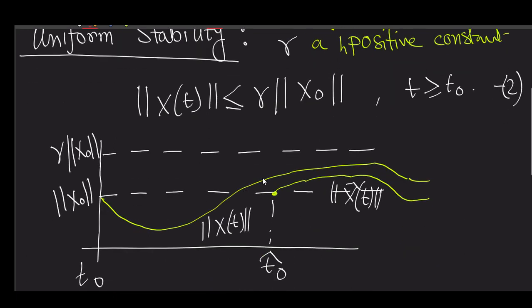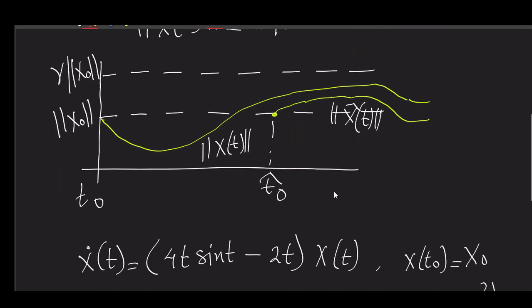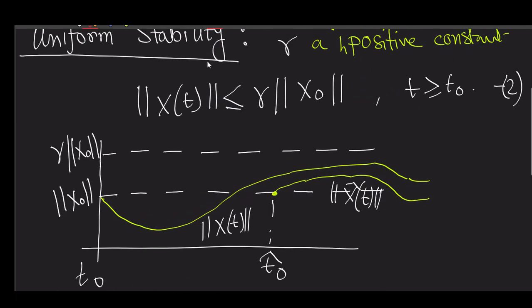Now this is the graphical representation that I have made to make this understanding simple. You can see that gamma is a positive constant that depends on x naught. Gamma is only a function of x naught. We have two different initial conditions, one at t naught and another at t naught cap.